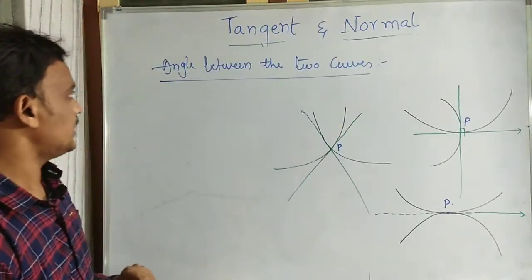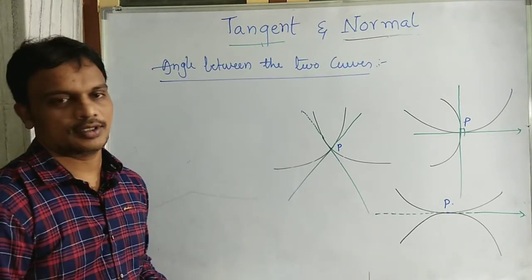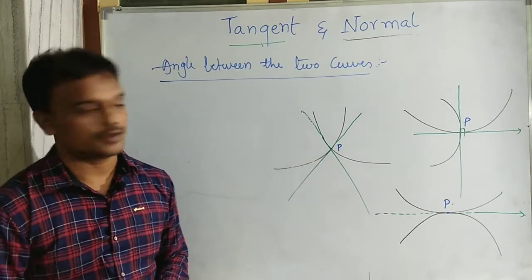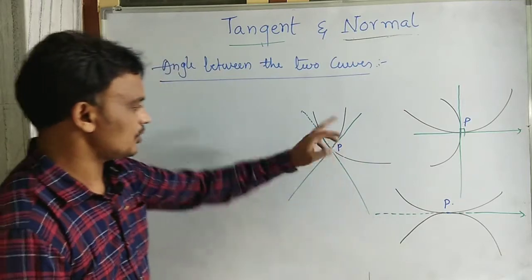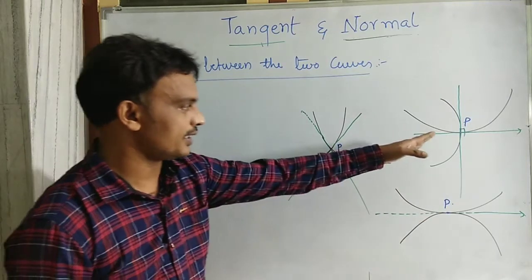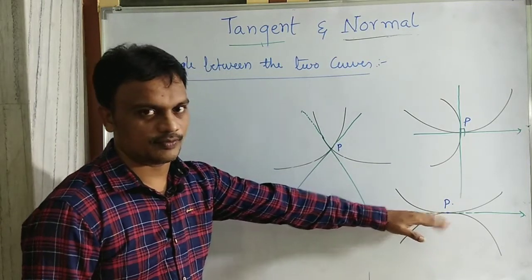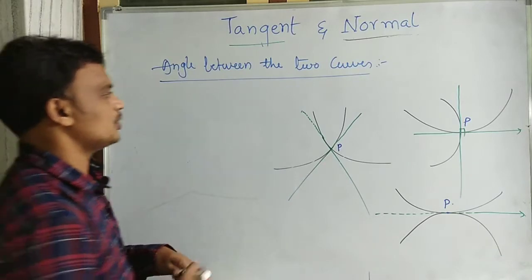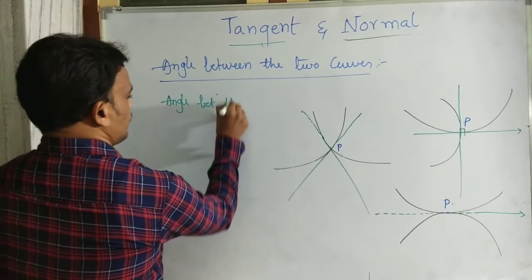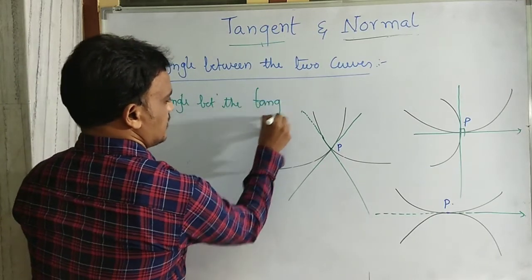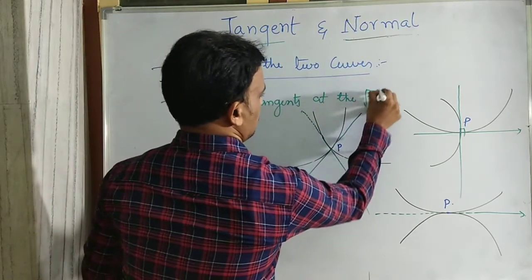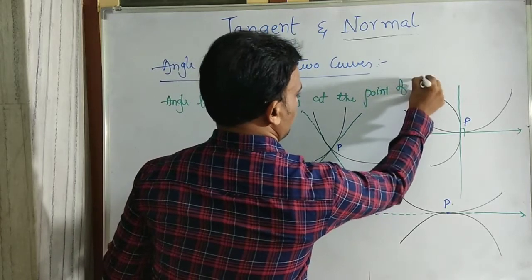Now the next topic is the angle between two curves. What is the definition of the angle between two curves? In these three cases, the two curves are intersecting, or touching each other, at the point P. The angle between the two curves is nothing but the angle between the tangents at that point of intersection.